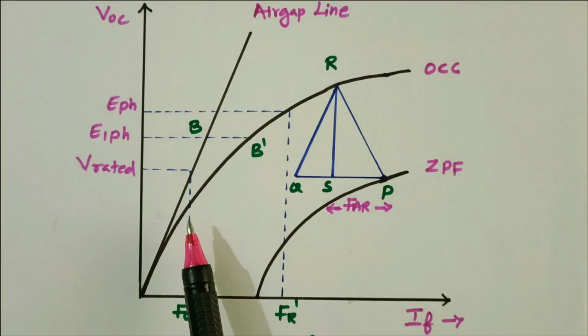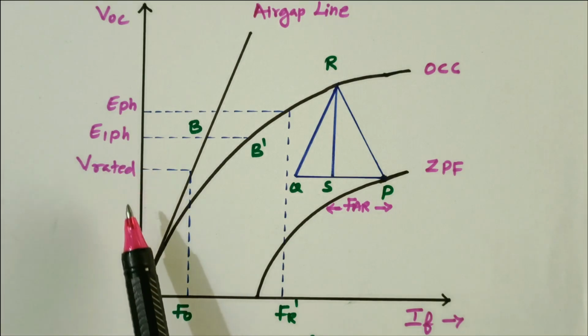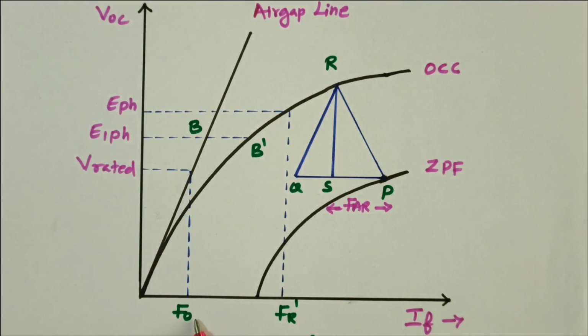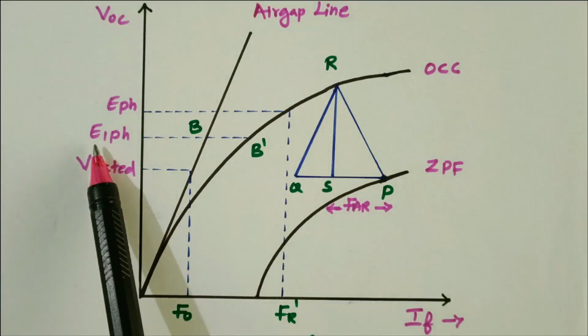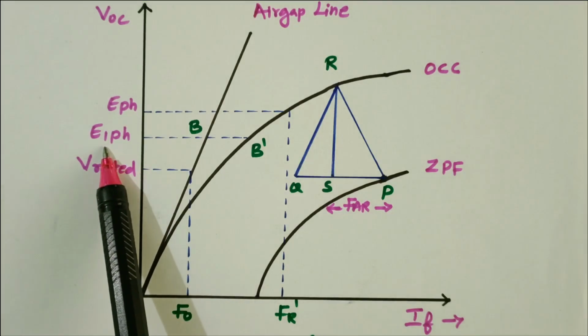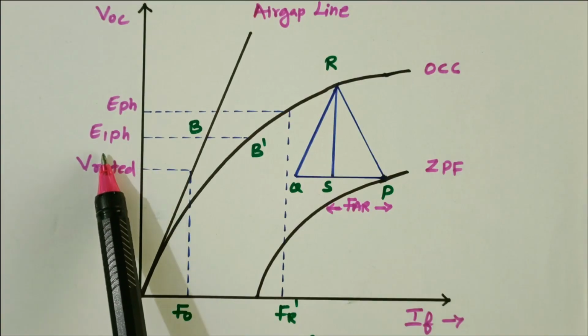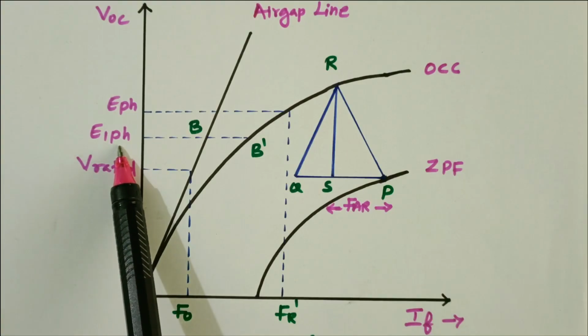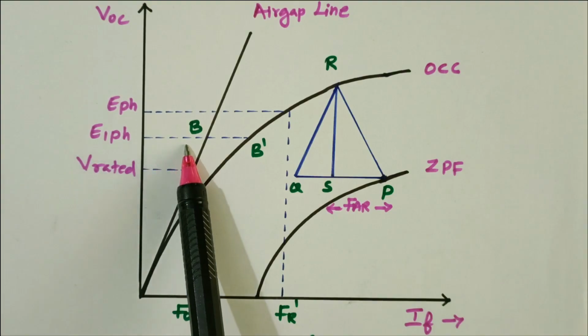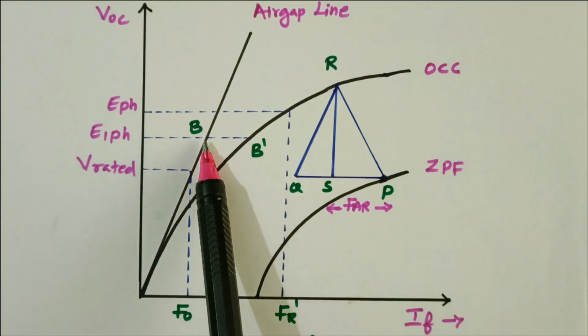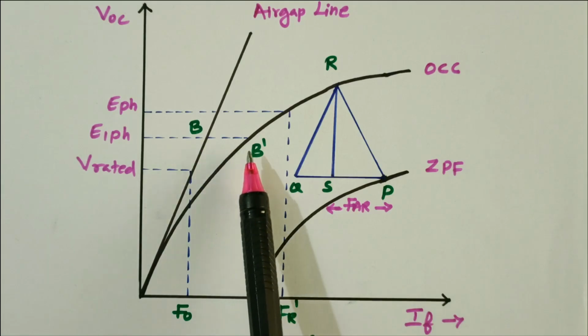then we have to find the E phase. E1 phase, we need to calculate using the formula. A separate formula is available; we'll see what the formula is while seeing the procedure. So E1 phase we have to calculate. From E1 phase, draw the line that will cut the air gap line and the OCC.